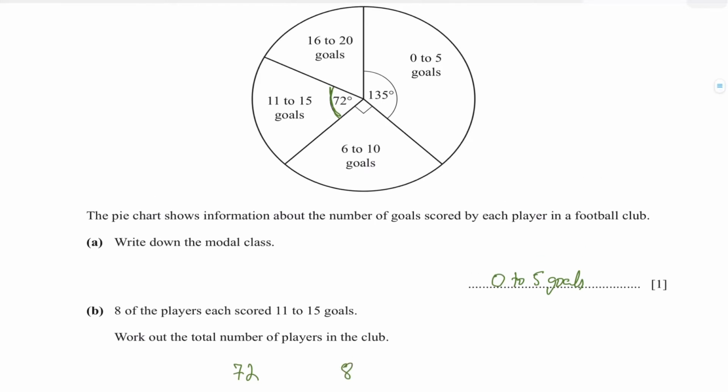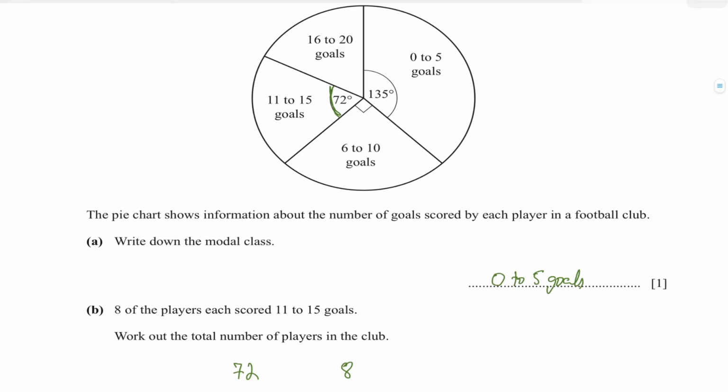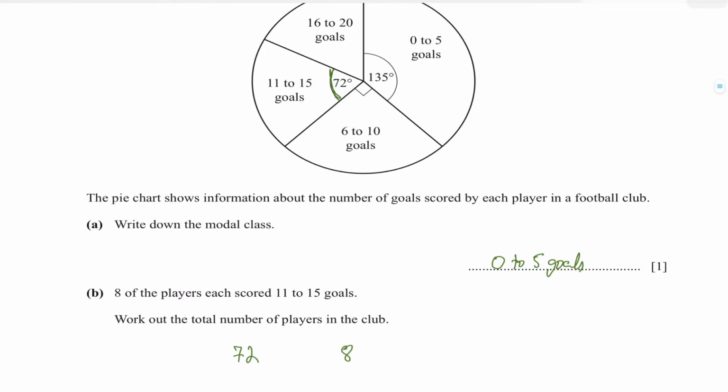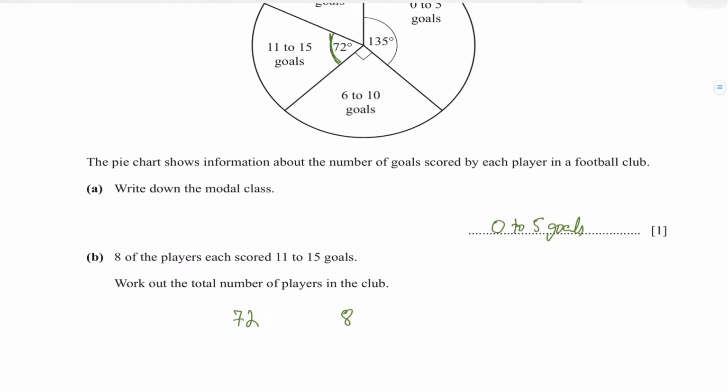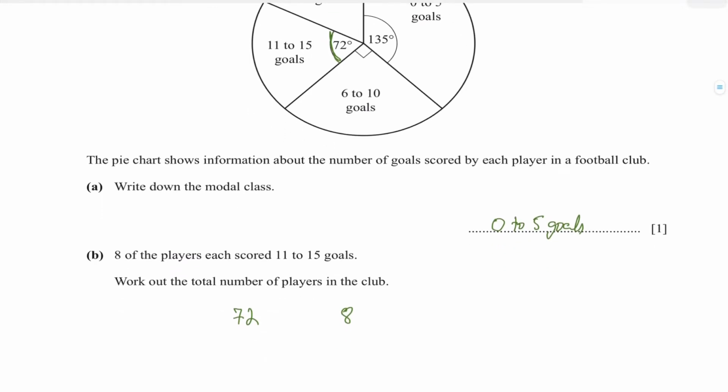I think I didn't even read the question. Okay, so let's read the question. The pie chart shows information about the number of goals scored by each player in a football club. So basically there were 8 players who scored 11 to 15 goals. So that means 72 degrees here is representing 8 players.